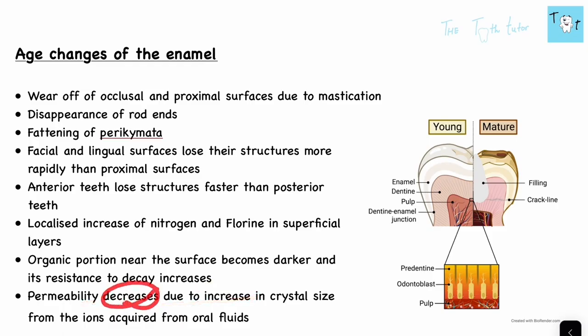Permeability decreases due to increase in crystal size from the ions acquired from oral fluids. So what's happening is we had these hydroxyapatite crystals, and there are pores in between these crystals. This allows permeability. But as we age, these crystals are increasing in size.